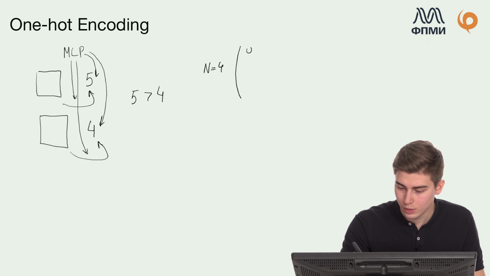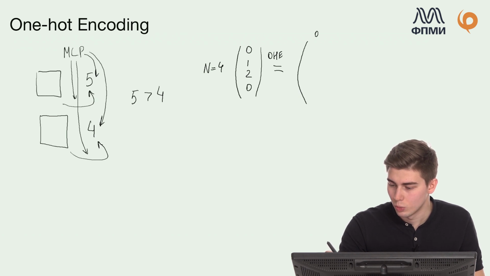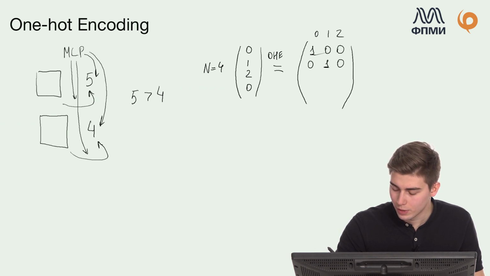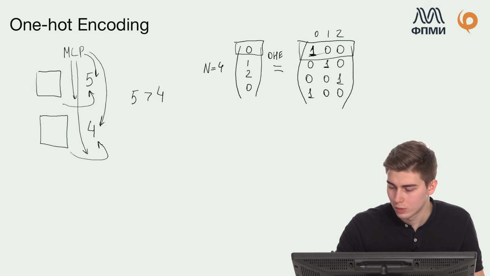We have 4 objects, and their labels are 0, 1, 2, and 0. And one-hot encoding states the following algorithm. We put 1 only in that column that corresponds to the index of this class. So for the first object, we have the class label 0, and we put unit 1 in the first row, in the column number 0.